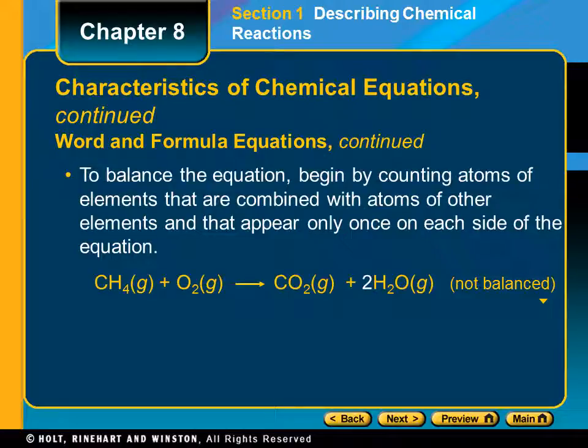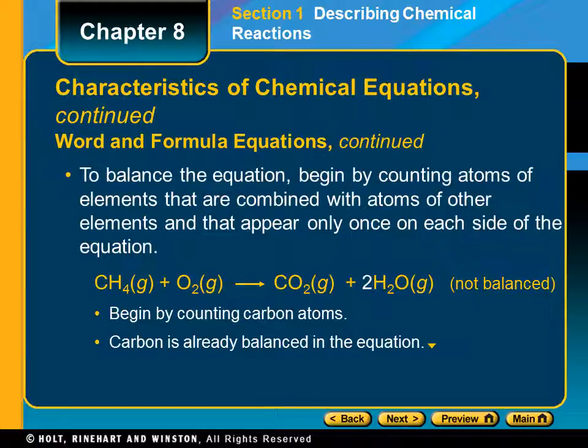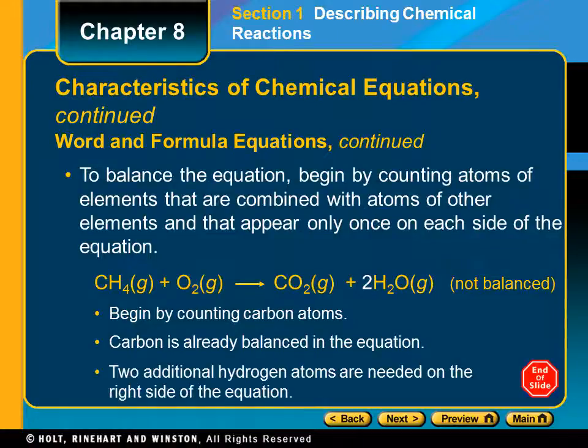So there's our not balanced equation. Notice the 2 that's been added in. We're counting the atoms. Count the carbon atoms. Carbon is already balanced. So you count the carbon atoms, you have 1 on the left side of the arrow and 1 on the right. 2 additional hydrogen atoms are needed on the right side of the equation because you've got 4 hydrogen atoms on the left side, but only 2 on the right until you add in that 2 coefficient.